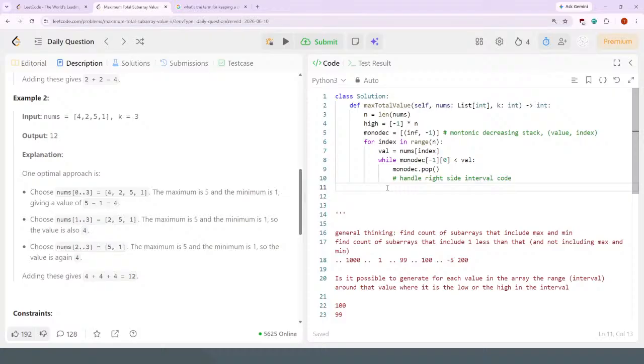So I want to say, maybe I should just make this a 2D array. I wonder.